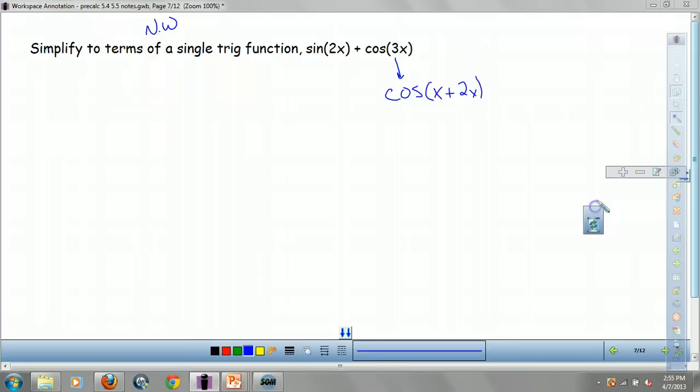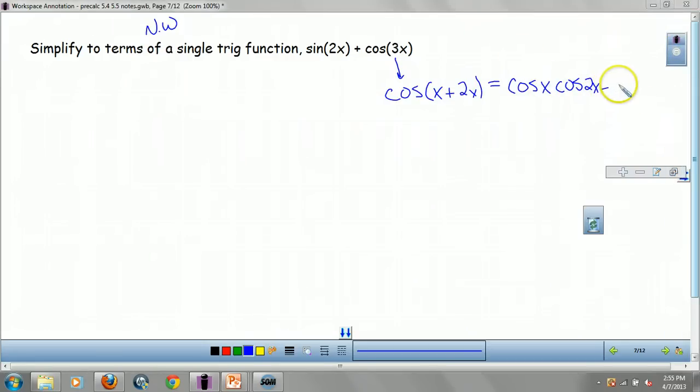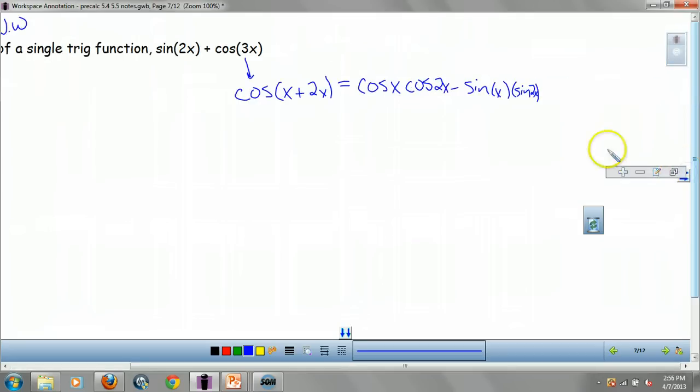Well, yes, I can. And then using my angle sum formula, I know that's cosine of x times cosine of 2x minus, because your signs don't match up, sine of x times sine of 2x.